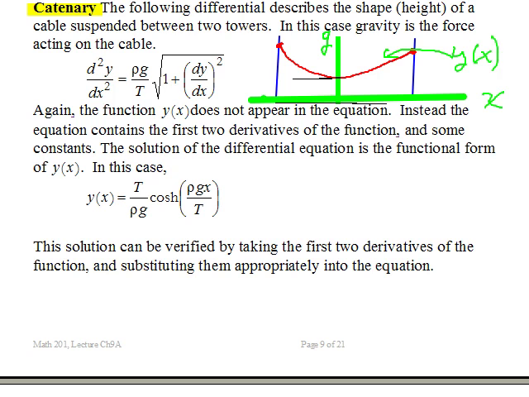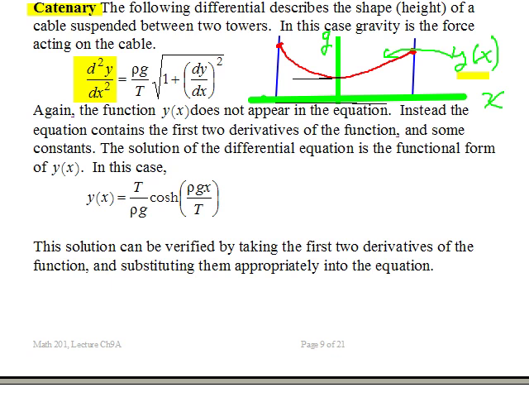Here's the differential equation corresponding to this cable, and it's acted on only by gravity. The second derivative of y of x, y being the height of the cable above the ground, equals rho, the density of the cable, times the acceleration due to gravity, g, divided by T, times the square root of 1 plus the first derivative squared.